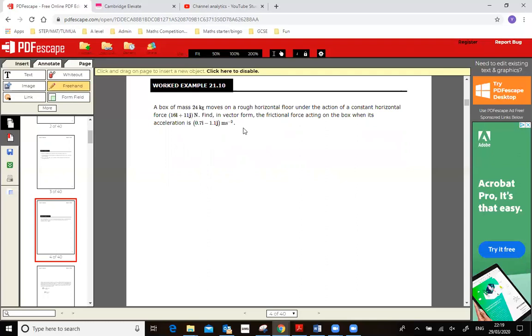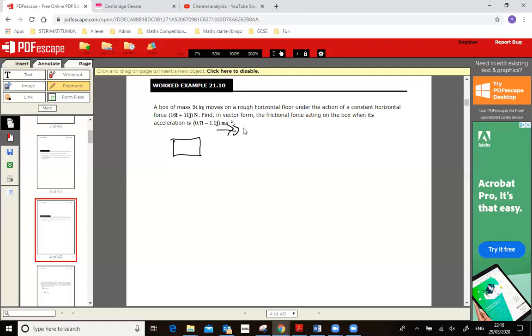Okay, so let's think. What do we have here? Again, why don't we start by drawing a simple diagram with all the forces labeled in horizontal direction. It says it's moving under a constant horizontal force, and it has a rough floor, which means there will be a friction. So again, let's assume that my box is moving towards the right-hand side.